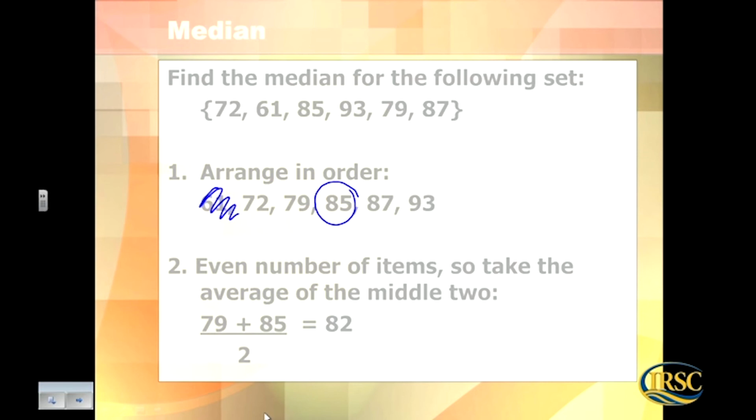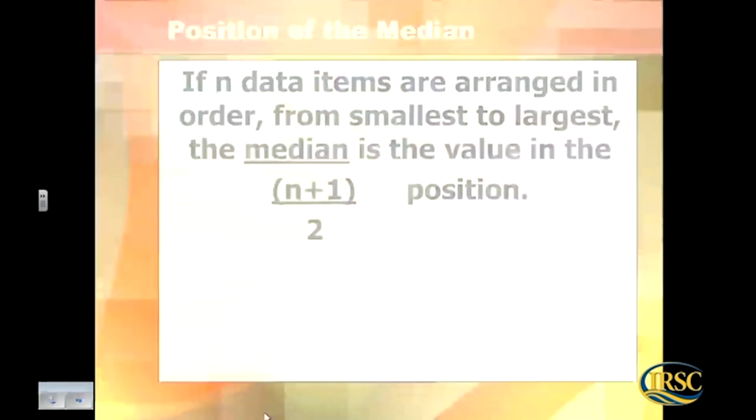That's your median. Okay, so the position of the median, this could be helpful when you have a large number of data items. Now, we only had 6 numbers, so it was sort of easy to see what the middle was. But it's also helpful if your information's already in a chart to see what the position of your middle number would be. So the position is n plus 1 over 2.